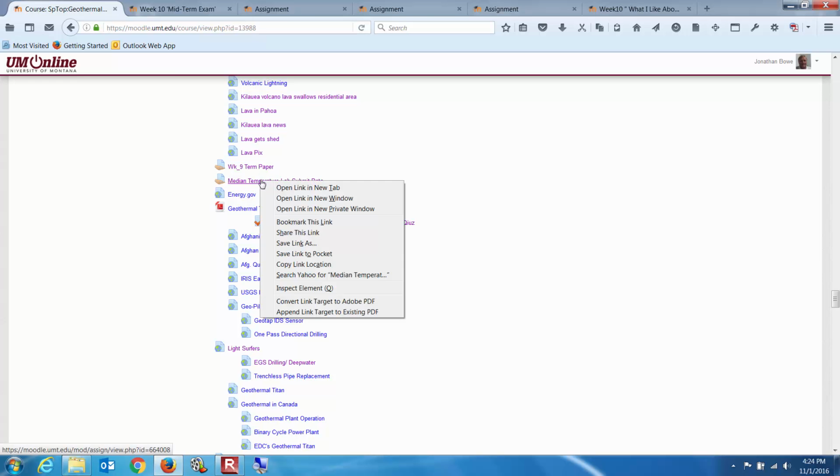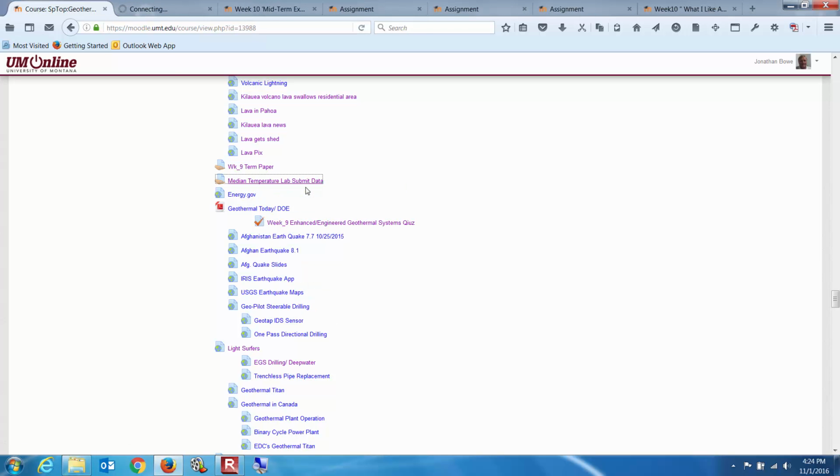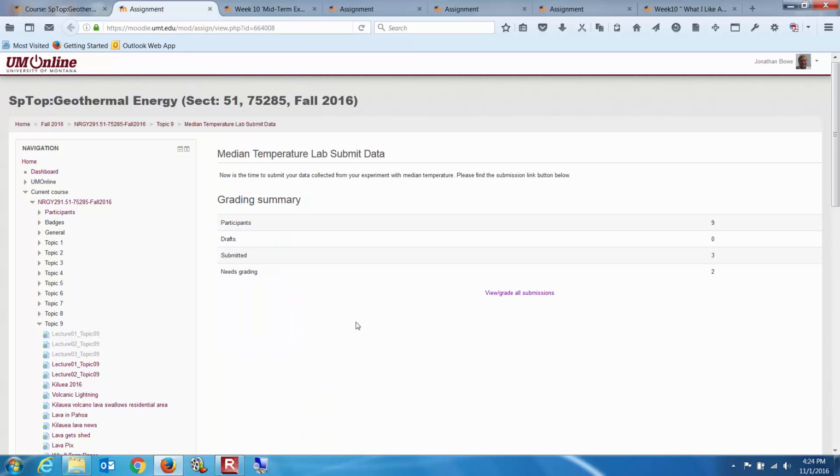Actually, let's take a look and see what you're going to find. This is the teacher view, so it might look a little different than what you'll see. Instead of seeing view grade all submissions, you'll see a submit button down here. You see where I'm highlighting the view grade all submissions? It looks like we have 3 submissions and 2 need grading.